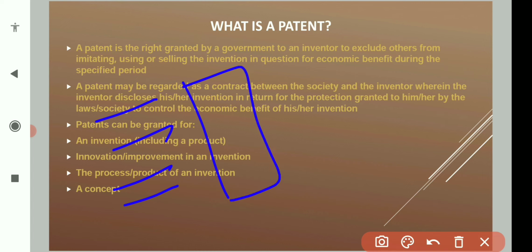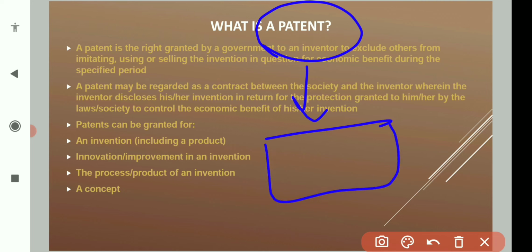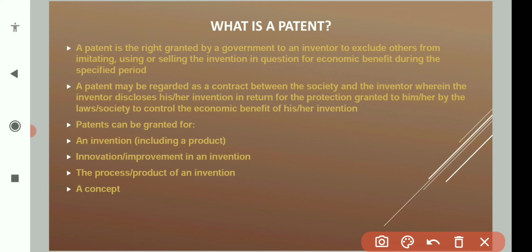They disclose it to the patent authority at the time of filing of the patent. When you are filing an application for the patent grant, at that time you will disclose all the information regarding your invention.